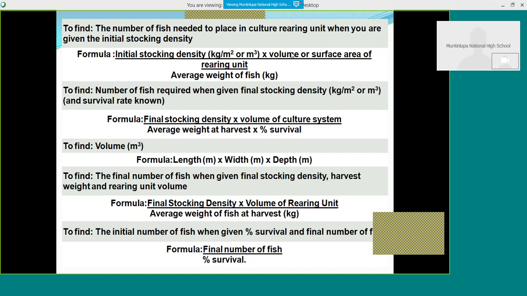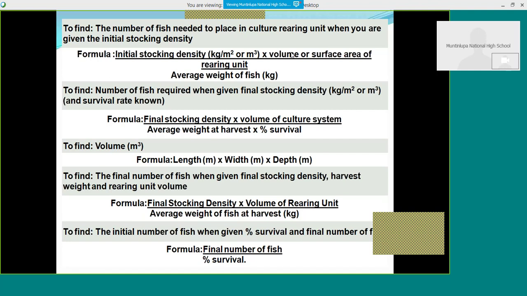To find the number of fish required when given final stocking density in kilograms per square meter or cubic meter and known survival rate, the formula is final stocking density times volume of culture system, divided by the average weight at harvest times percentage of survival. To find the volume needed in cubic meters, the formula is length times width times depth, all in meters.